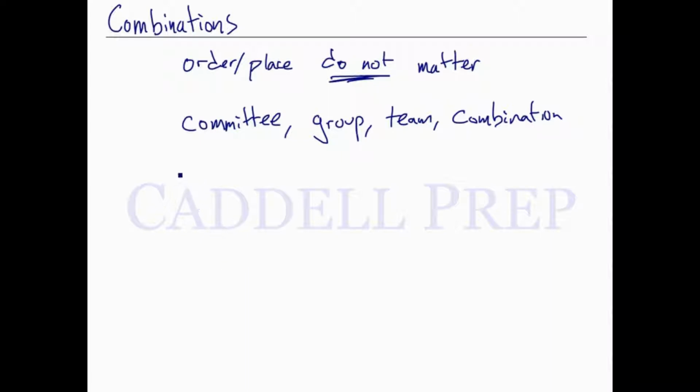So just like for permutation, which was nPr, combination is going to be nCr, which is n factorial divided by r factorial times n minus r factorial.